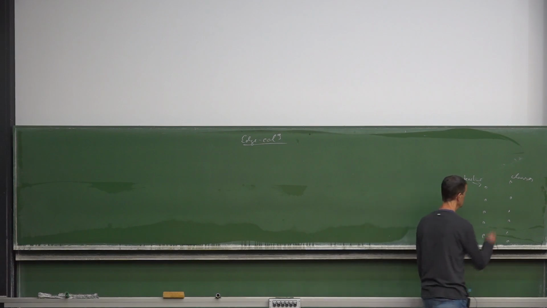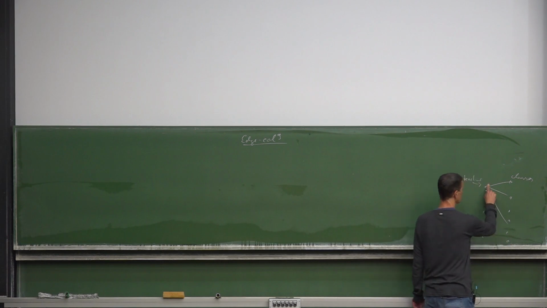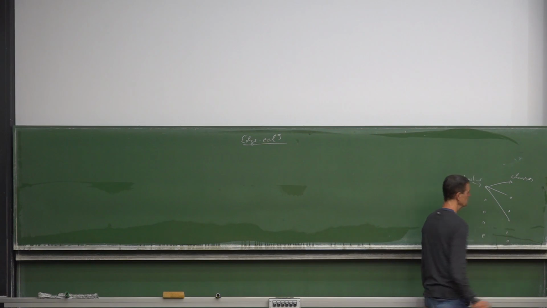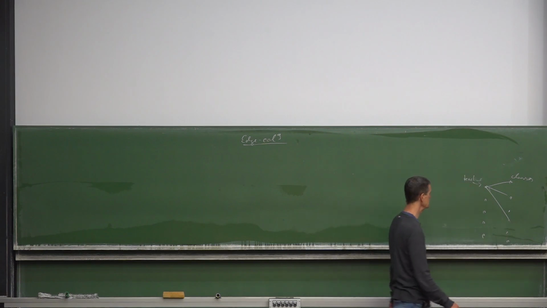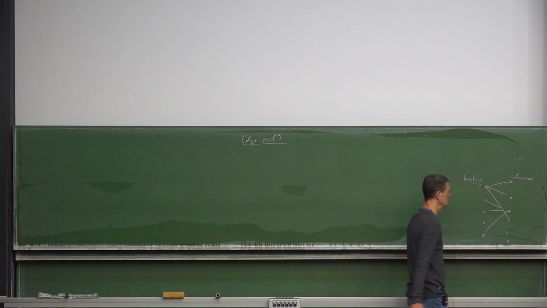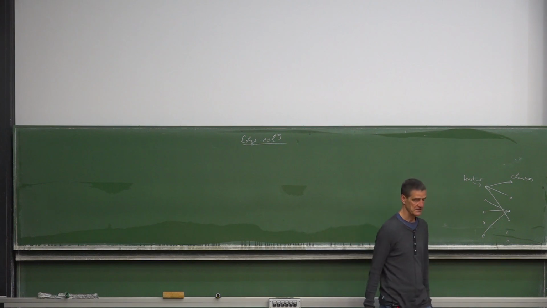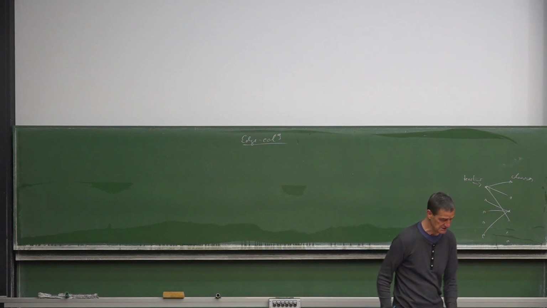For every teacher, you join the teacher by an edge to every class that he or she has to teach, and every class gets joined to the teachers that need to teach that class.